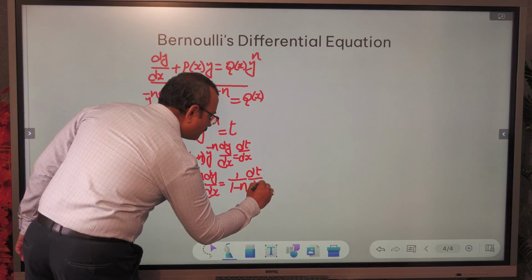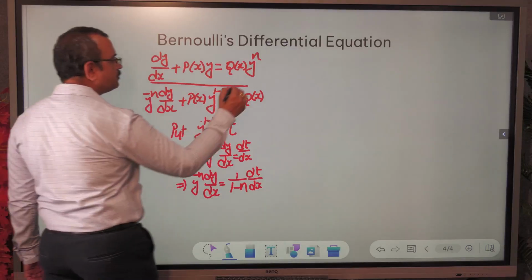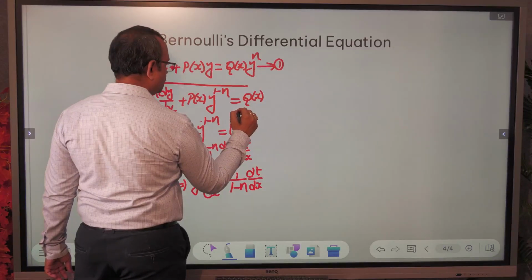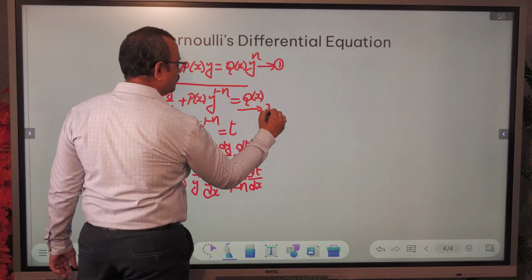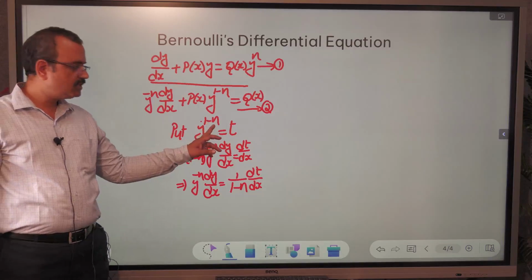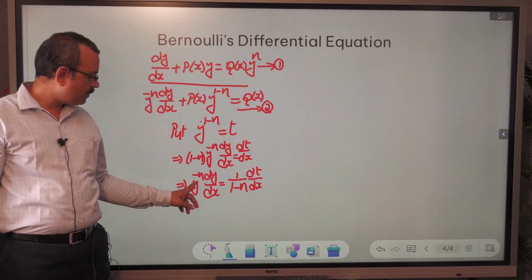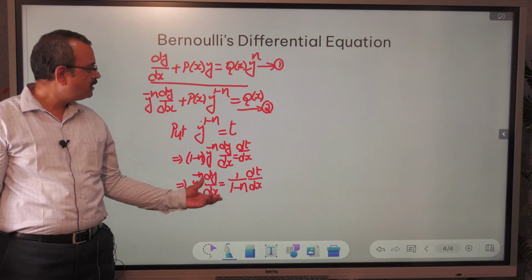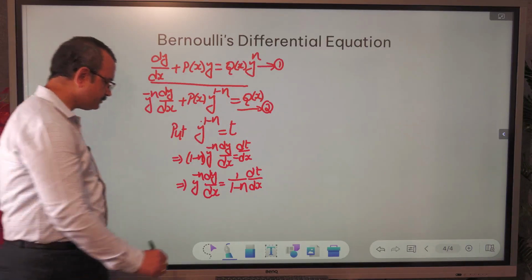Now we have to replace all these in the equation. Suppose this is equation 1, the given one, and this is the converted one, equation 2. In equation 2, replace y power 1 minus n with t, and y power minus n into dy by dx with 1 by 1 minus n into dt by dx.